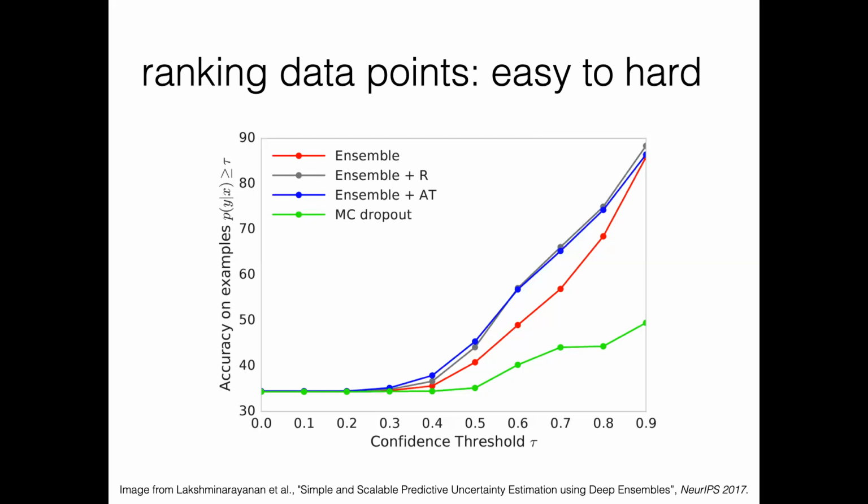Maybe to tie it to an example, if you were given 3 tasks and you could pick 2, and you have a good estimate of your confidence or your uncertainty, you could pick the 2 tasks you'd be better at and leave off the 3rd one. That's all we're asking the model to do here: sort them from hardest to easiest, and throw away progressively harder cases based on whatever this probability is.